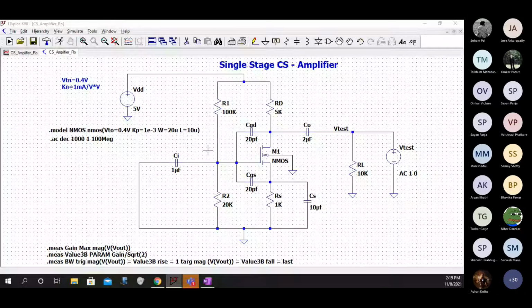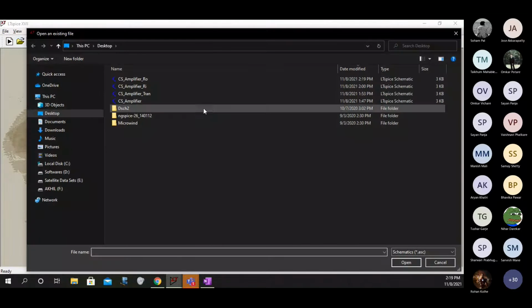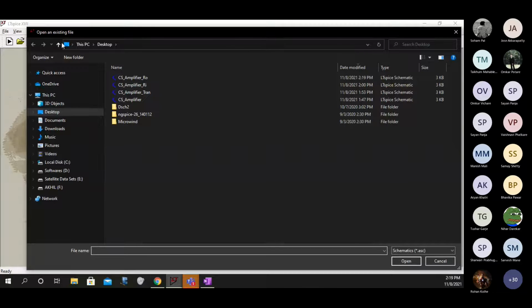then I go for the analysis. So I'll just close this and I'll just open something else.